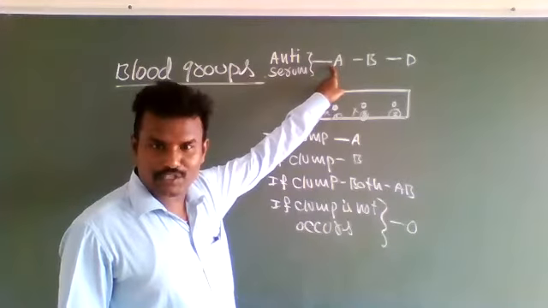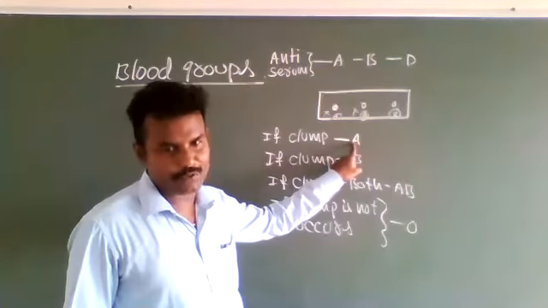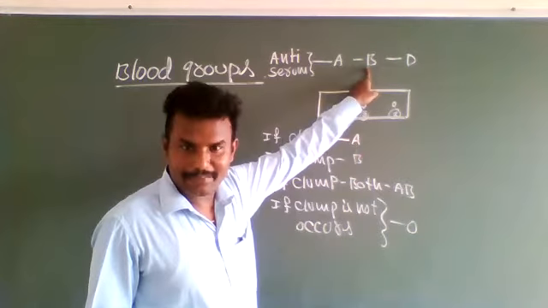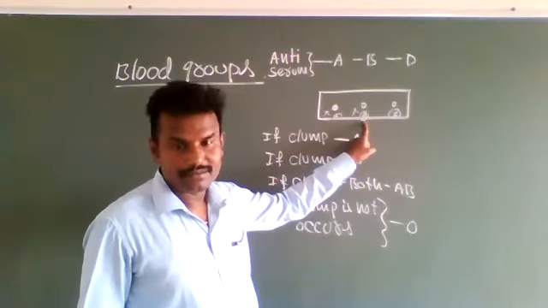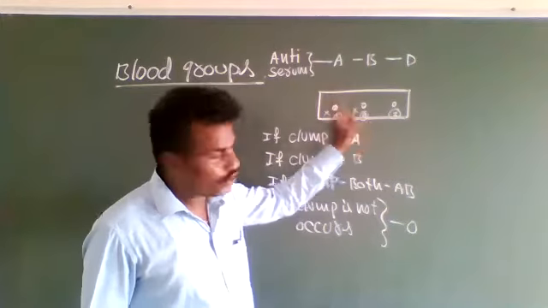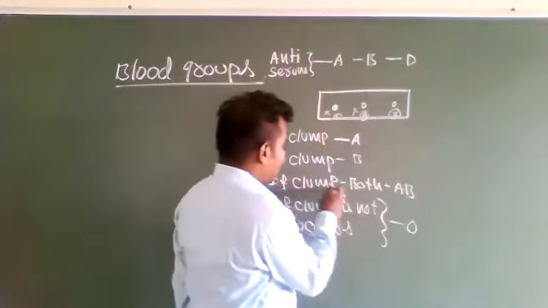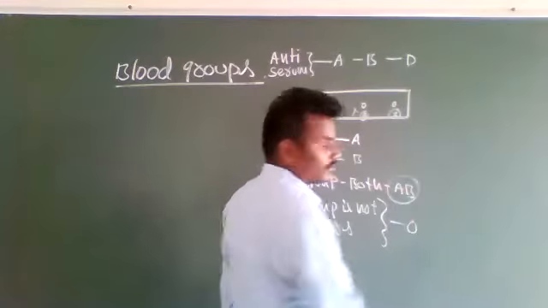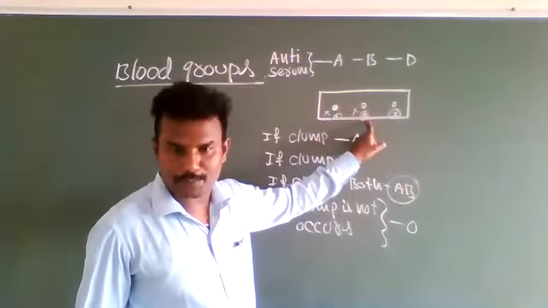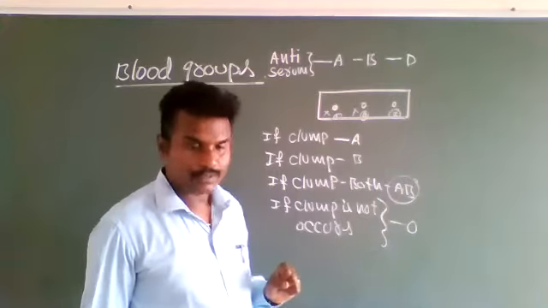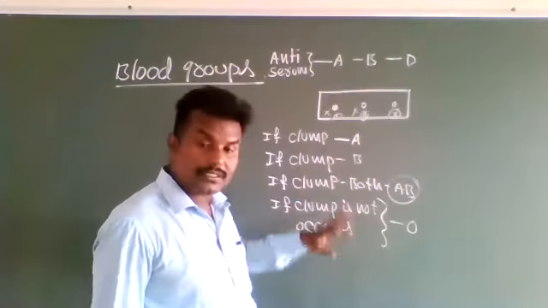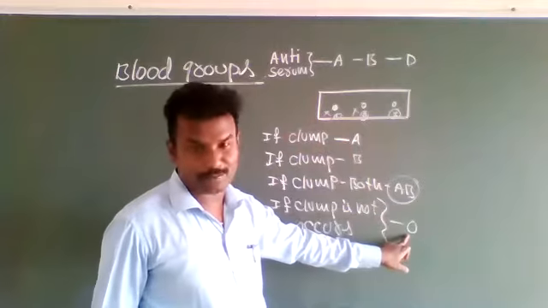If the first solution clumps, the blood group is A. If the second, anti-serum B, clumps, it is B. If clump occurs in both drops, then AB. If clump does not occur in either, then O.